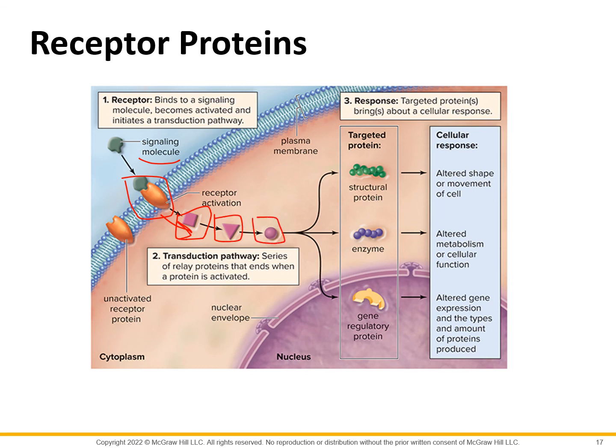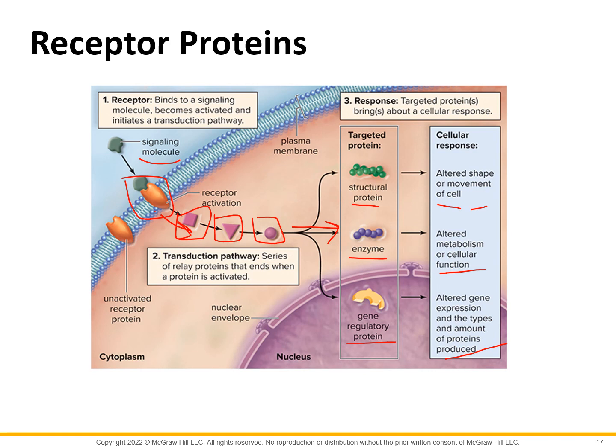So different proteins are activated, and that leads to some sort of response, and that could be targeting a structural protein to alter the shape or movement of the cell, could be activating an enzyme that will change metabolism in the cell, or activating a gene regulatory protein that will allow for the expression of a new gene.